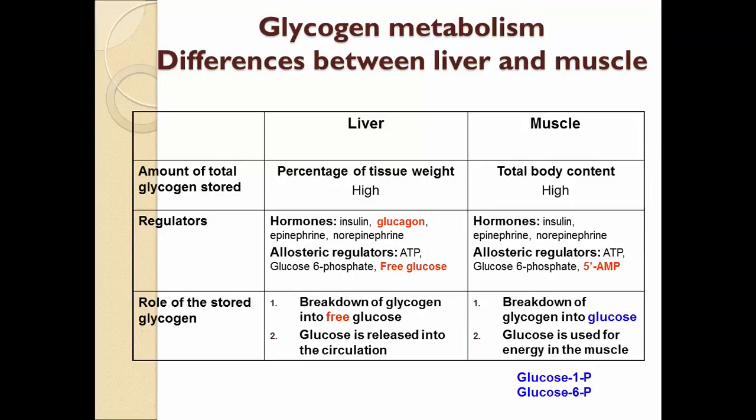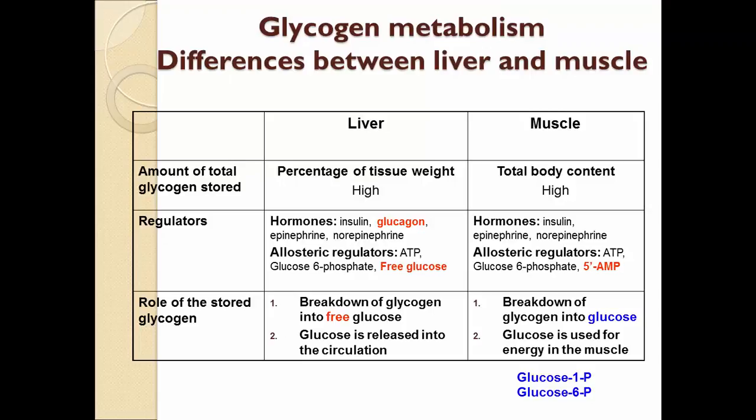And this is the last slide. I think you wanted to make a comparison, particularly focusing on the regulators, hormones, and substrates, and how they differ in the regulation of glycogen between liver and muscle. Insulin, glucagon, and epinephrine are all able to regulate glycogen metabolism in the liver, but glucagon is not able to regulate glycogen metabolism in skeletal muscle because of a lack of receptors, right?